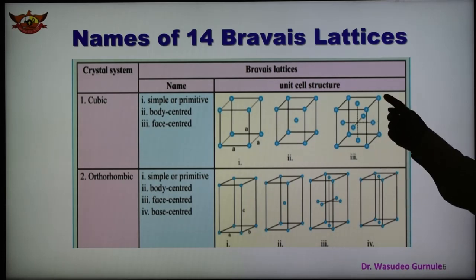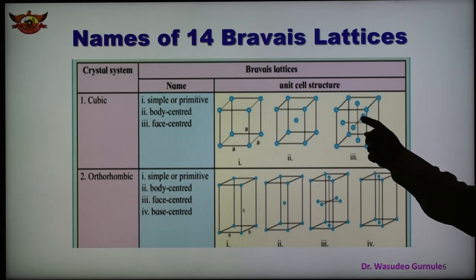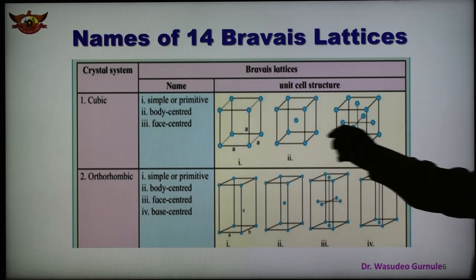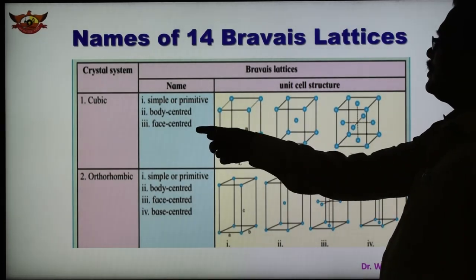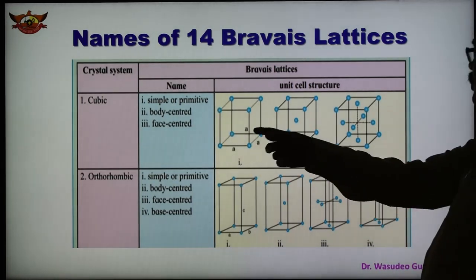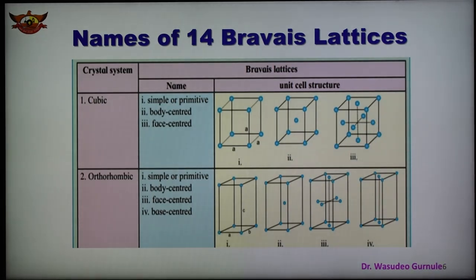In face centered, particles are present at the corners and also at the center of the 6 faces: 1, 2, 3, 4, 5 and 6, above and below. So cubic systems have 3 types of lattices. The unit cell structure is shown here: 1, 2, 3. So 3 types are here: simple, body centered and face centered.